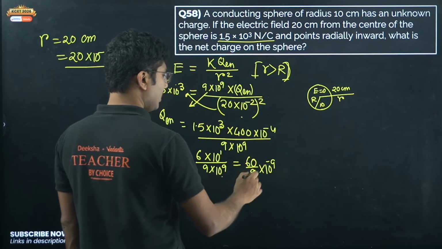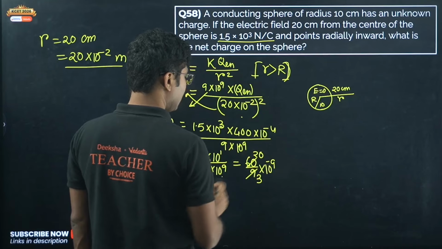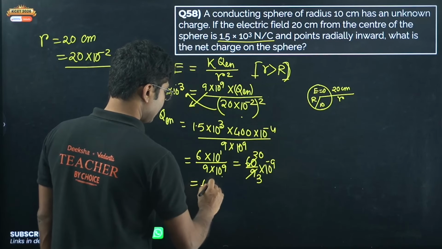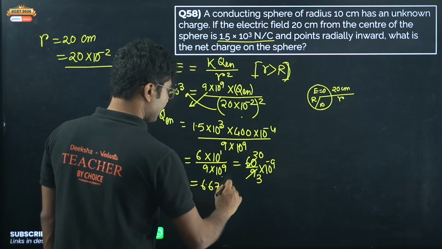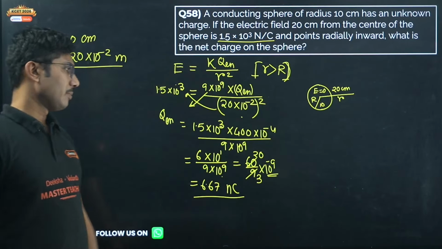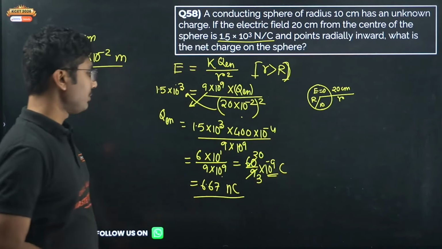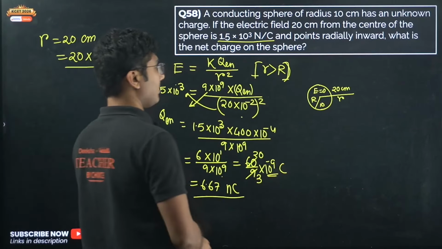Okay, this will go up. So 3 3s are 9, 3 20s are 60, so it will be 6.66 or 6.67 nano coulomb. Minus 9 means nano coulomb. Okay, so at this stage it was coulomb, and after this it will be 6.67 nano coulomb.